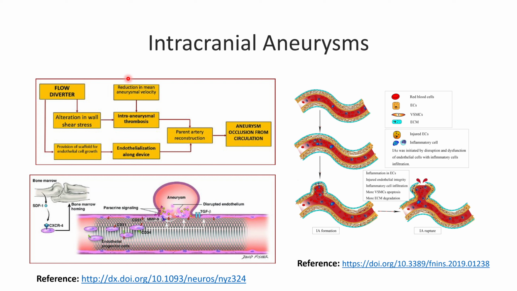These are the other ways mentioned here, such as reduction in mean aneurysm velocity. The velocity will get reduced when the endothelial cell formation starts. However, in the top row approach, instead of using endothelial cells, they will use a different way to create a shear stress near this aneurysm.